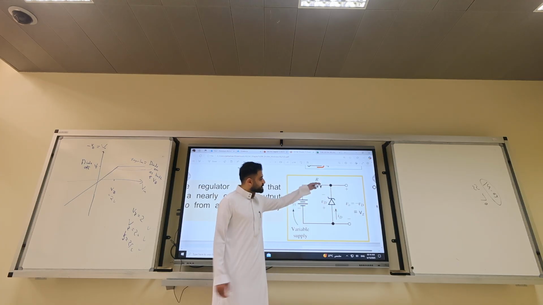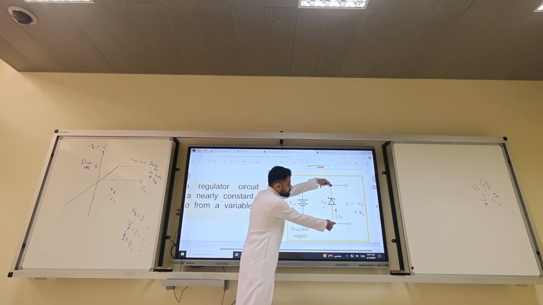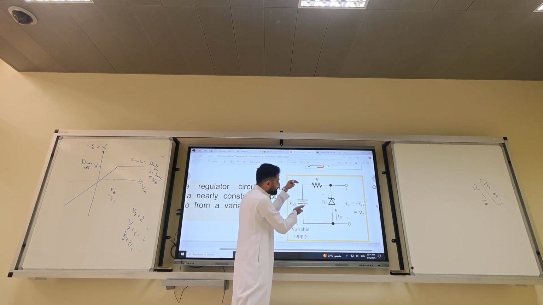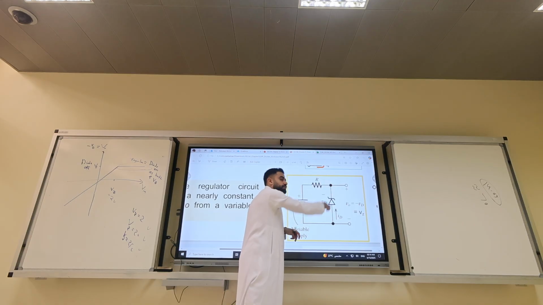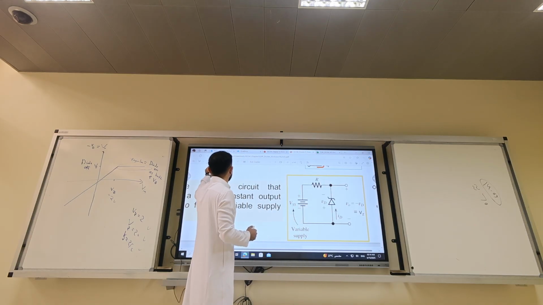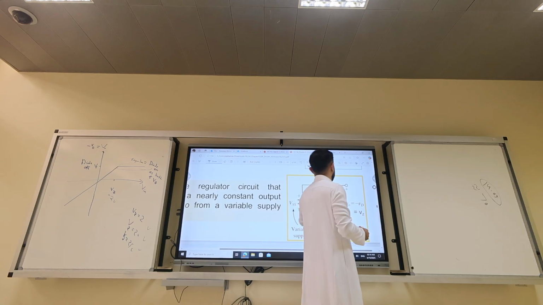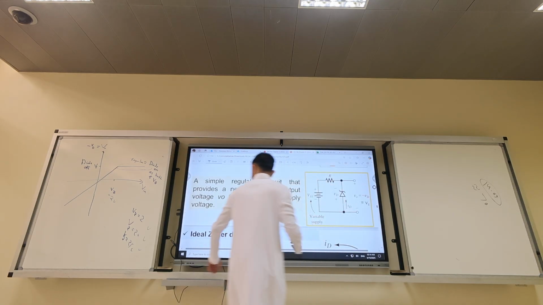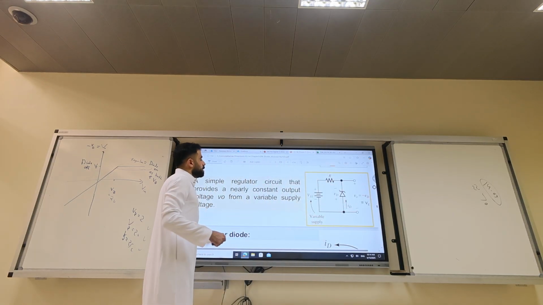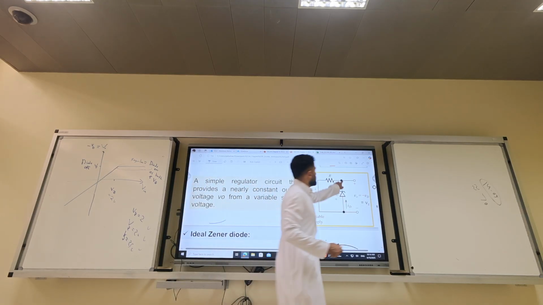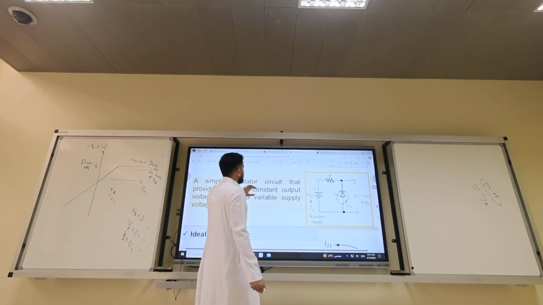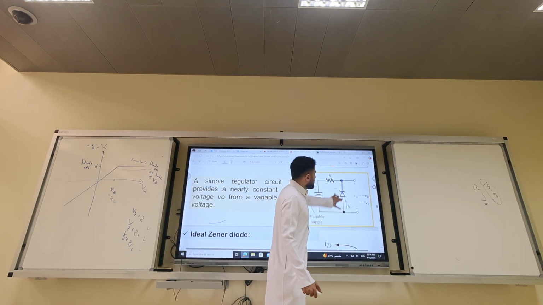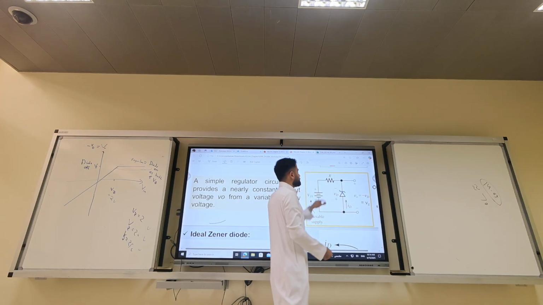So anything above VZ, if you apply it here, this will be a battery of VZ. This will act as a battery. If you apply anything below VZ, keep in mind the diode is flipped.